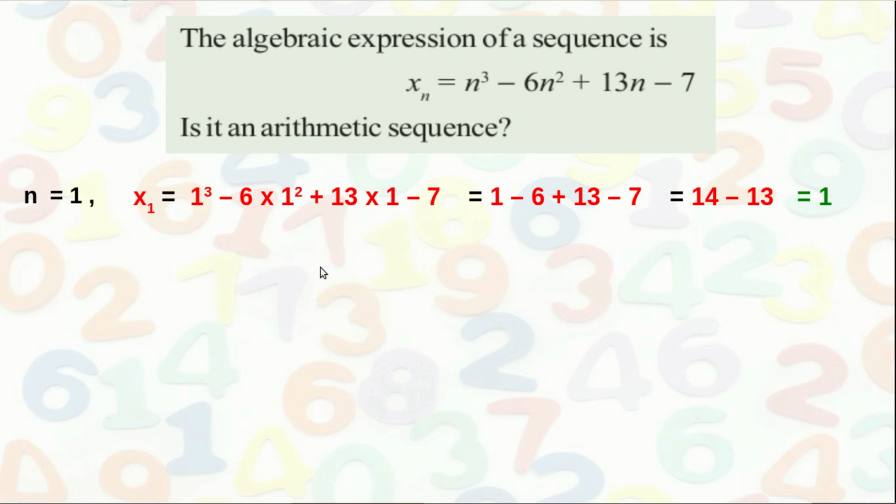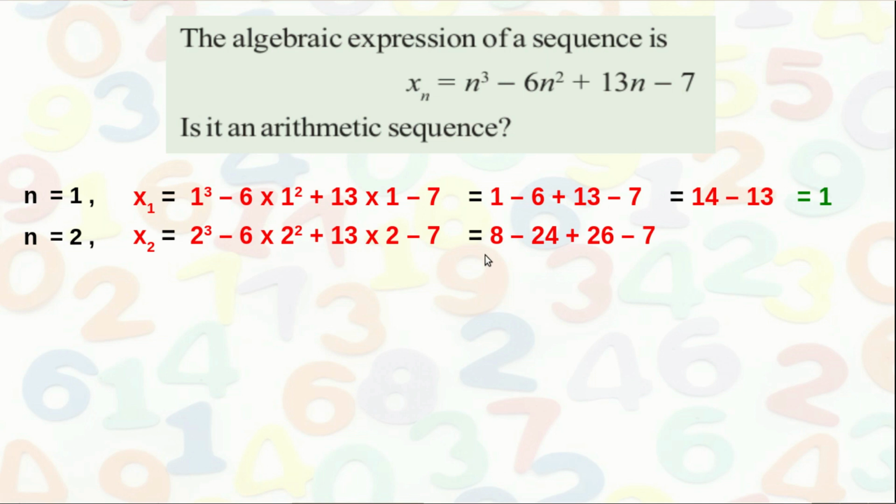Now to get the second term, substitute n equal to 2. That is x2 equal to 2 cubed minus 6 into 2 square plus 13 into 2 minus 7. Simplifying, we have 2 cube 8, 6 into 2 square, that is 6 into 4, 24, 13 into 2, 26, minus 7.